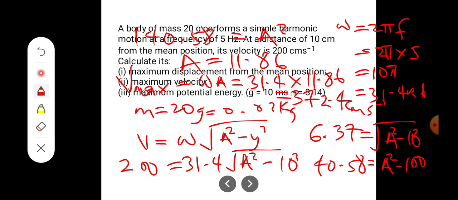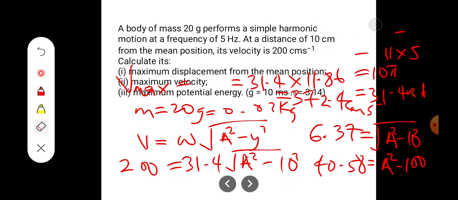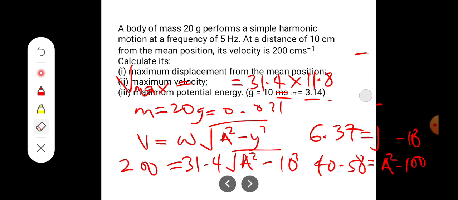The last question says we should find the maximum potential energy. Now please note, maximum potential energy actually means the total energy. It's still the same thing. According to conservation of energy, maximum potential energy is the same thing as maximum kinetic energy.